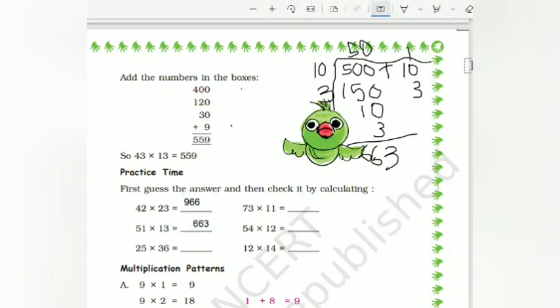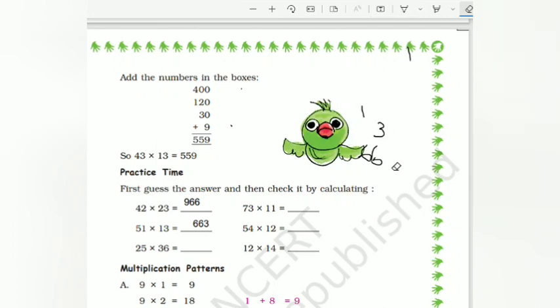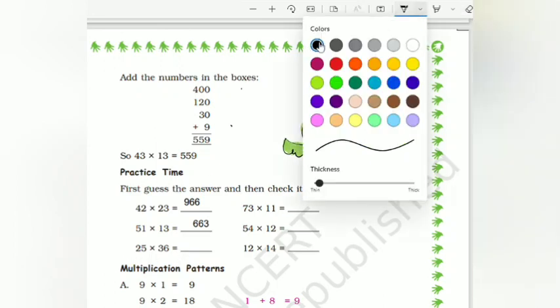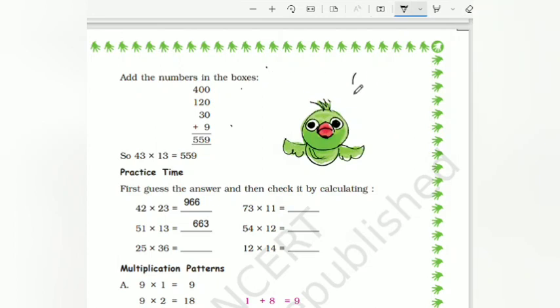Again, 25 into 36. How to do that? Again, we do it in this method. 25 can be written as 20 and 5. 36 can be written as 30 and 6.